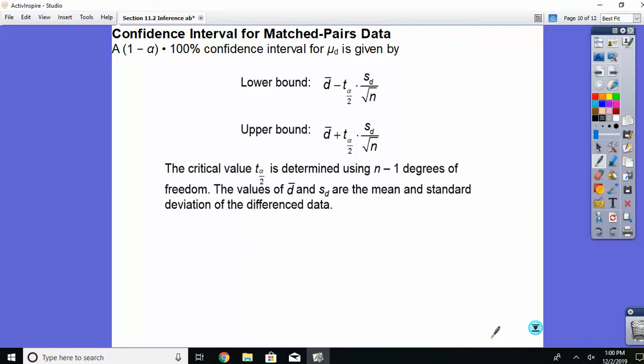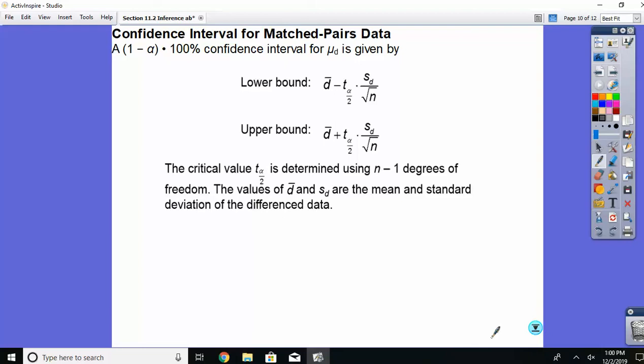If you look under chapter 9, the confidence interval for your T is X bar plus or minus. The only difference is that one had X bar and regular S. This is using D for the difference, so it's the mean and standard deviation of the difference. Otherwise, the confidence interval is the same as what you were doing on your last test.